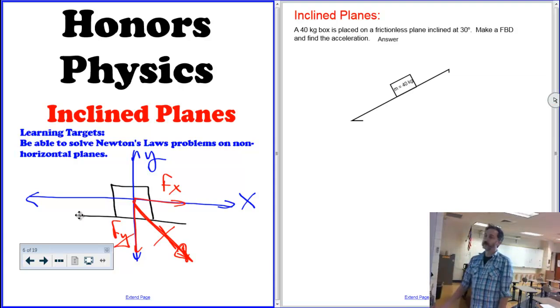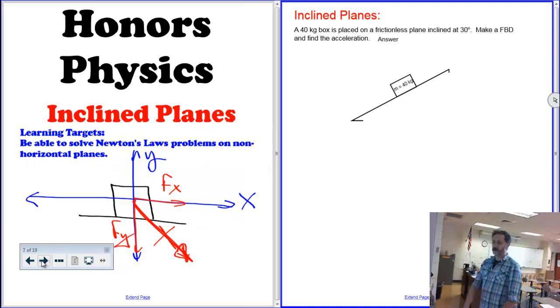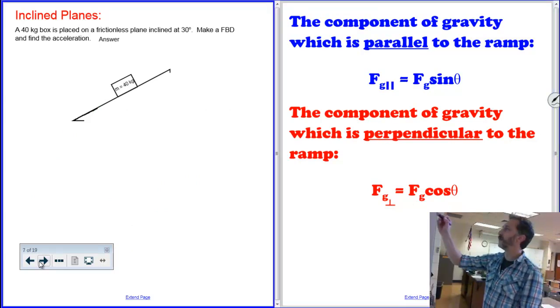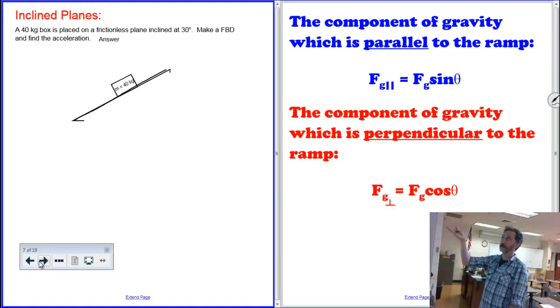But here's the deal. There's nothing magic about those coordinate systems. There's no reason why we have to use an x-axis that points perfectly horizontally or a y-axis that points perfectly vertically. So in this section, we're going to be solving inclined plane problems. We're going to have an object like this box sitting on an inclined plane.